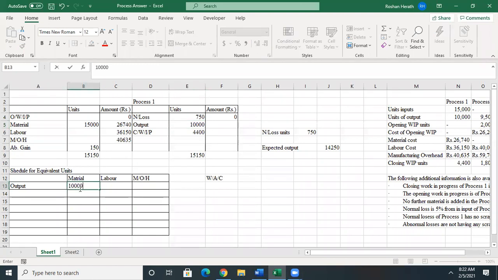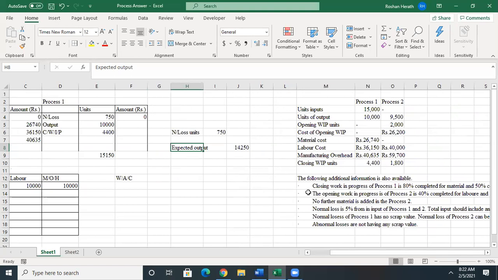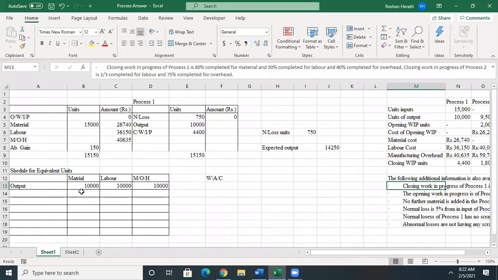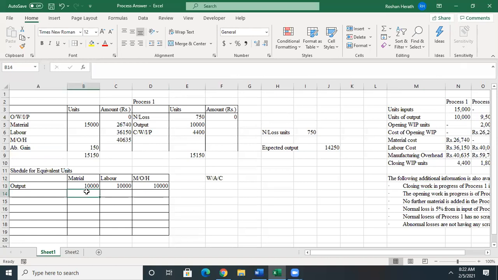Right? Now look at this expected output: 10,000 and 10,000. Then we have the closing WIP. So let's look at the situation of closing WIP. It says that the closing WIP is 80% completed for material. So with respect to material, it is only 80% completed: 4,400 at 80%.